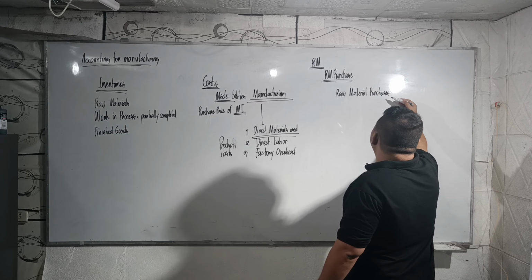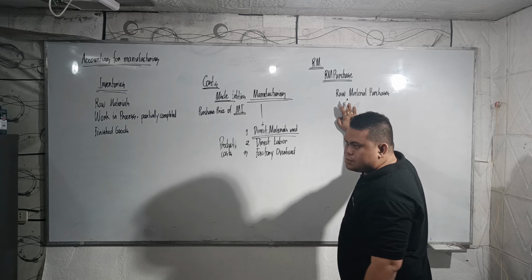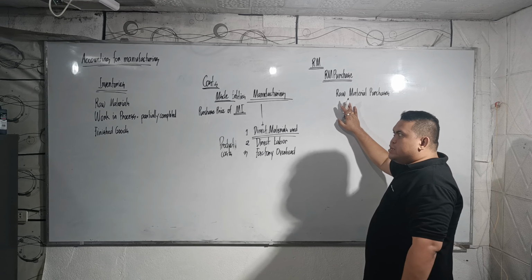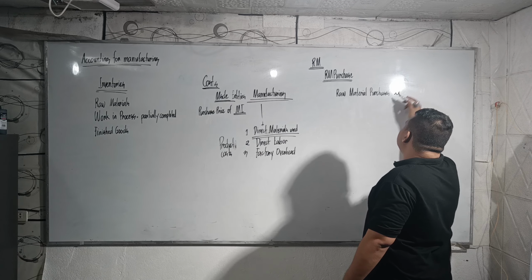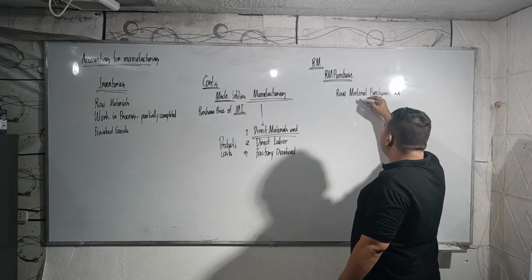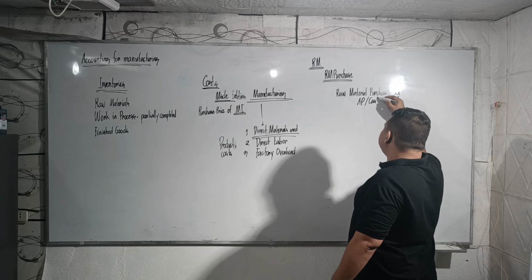Okay? So the raw material purchases already include the indirect and direct materials, for example. So debit raw material purchases and then credit accounts payable, or cash if ever.